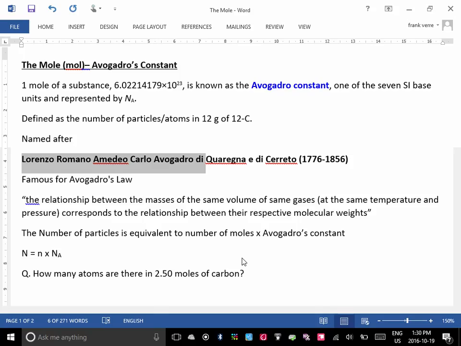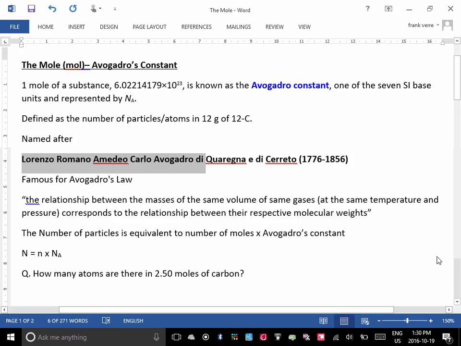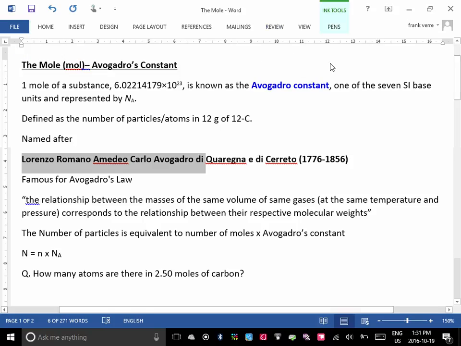The word particle, though, can mean one of two things, okay? The word particle could mean either atoms or molecules.